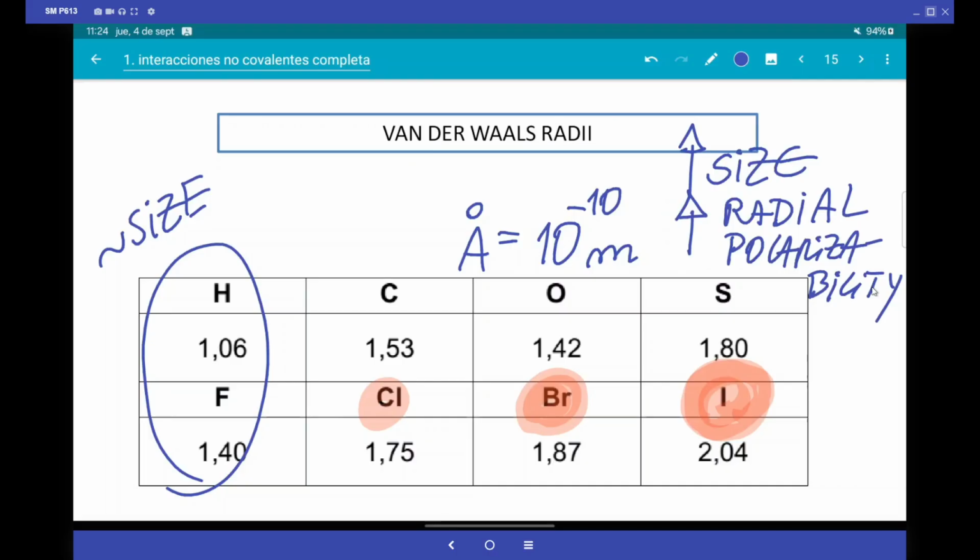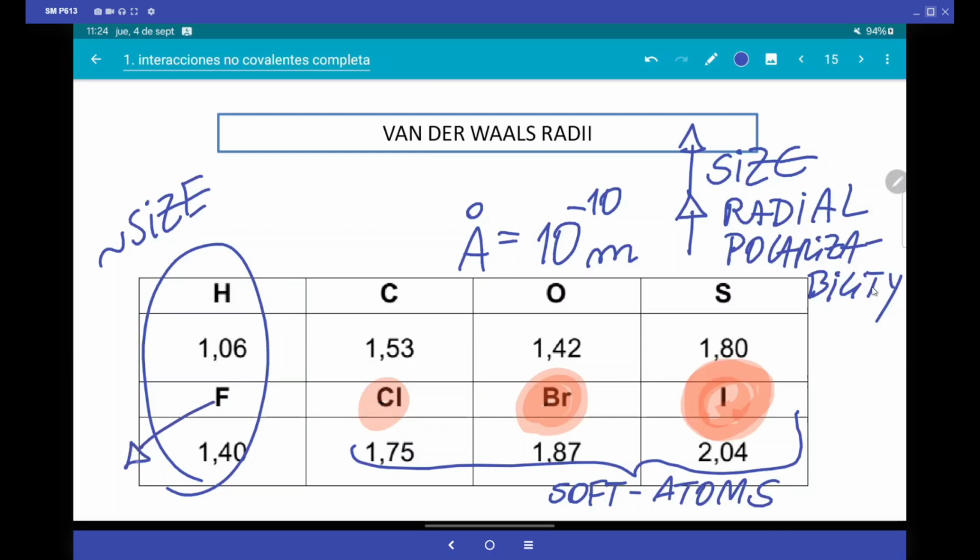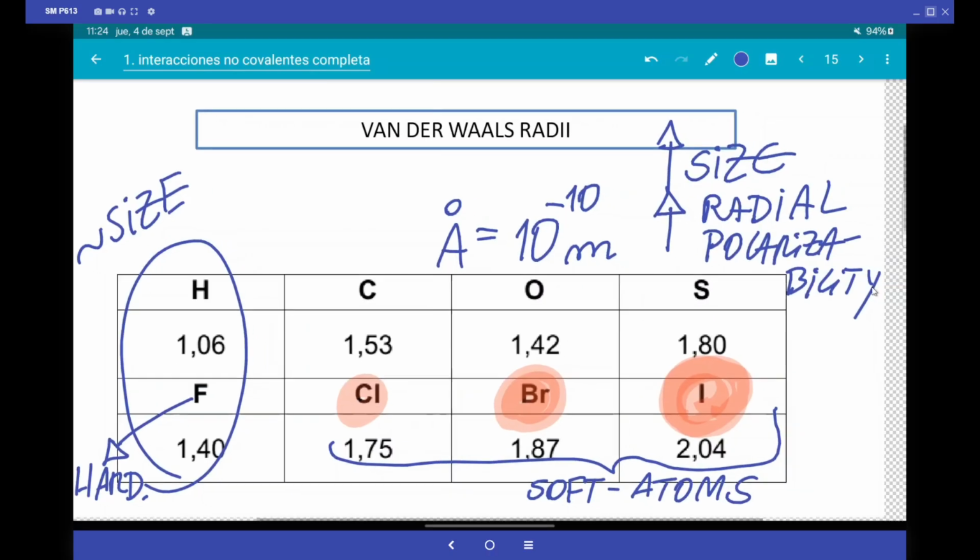We are going to say that the halogens are soft atoms. The electrons can move, they can migrate, except in fluorine, which is a hard atom. The electrons are not going to move in fluorine because it is very electronegative.